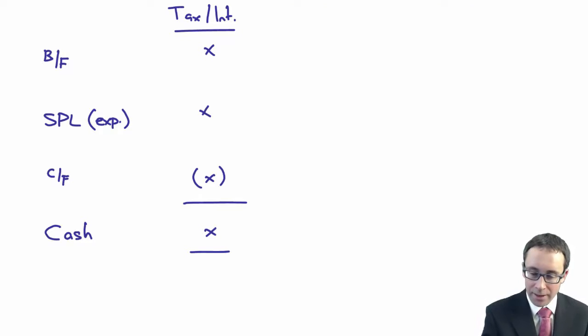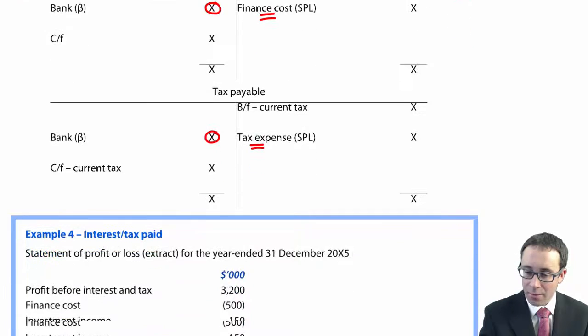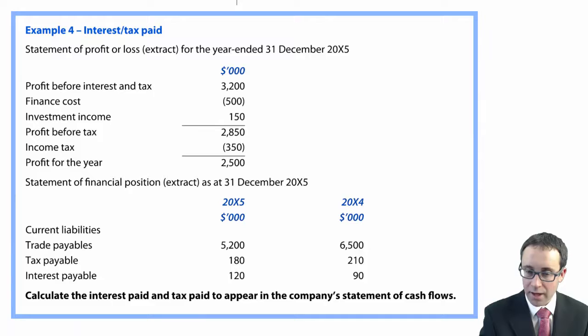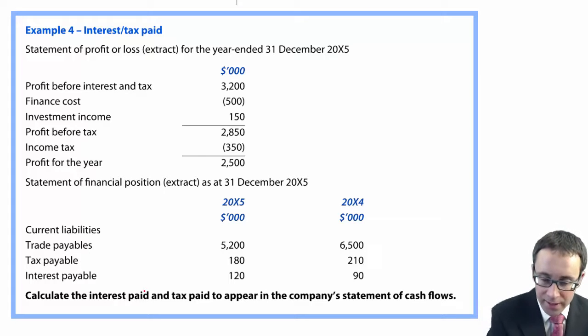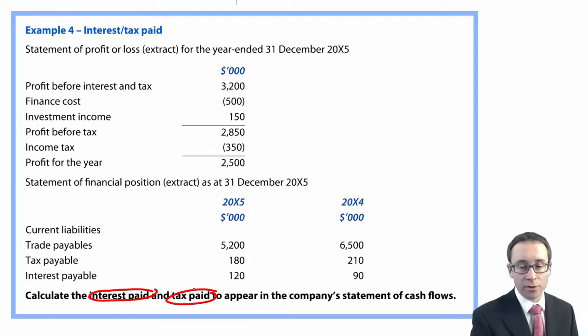So let's have a look at the little example, see how we get along. There we go, perfect. It fits on the screen quite nicely. So what have we got there? It says calculate interest paid and tax paid to appear within the company statement of cash flows.